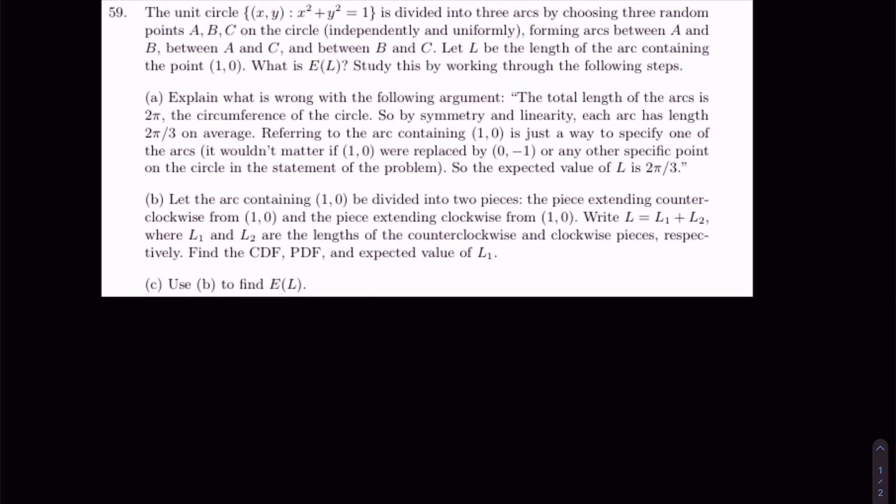We're choosing 3 random points, A, B, C, on the circle, independently and uniformly, and forming arcs between A and B, A and C, and B and C. L is the length of the arc that contains the point (1, 0).